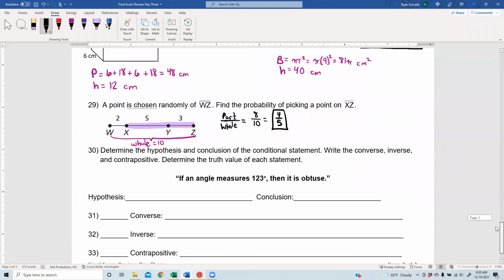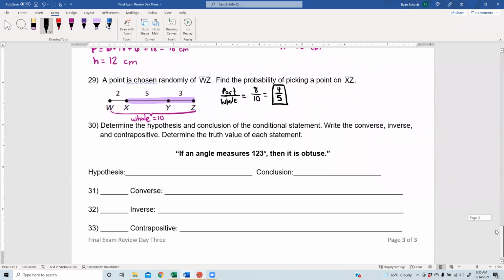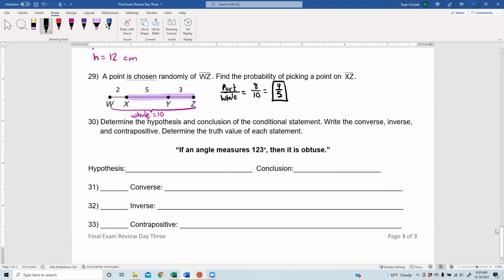Almost done. The last 4 talk all about this conditional statement. So we have to determine the hypothesis and conclusion of the conditional, write the converse, inverse, and contrapositive, determine the truth value, and so on. Let's read the statement.